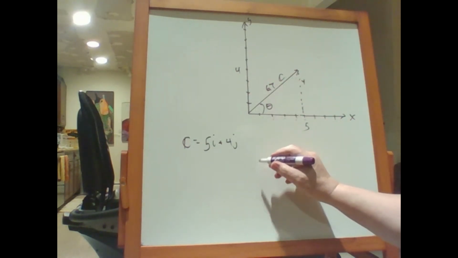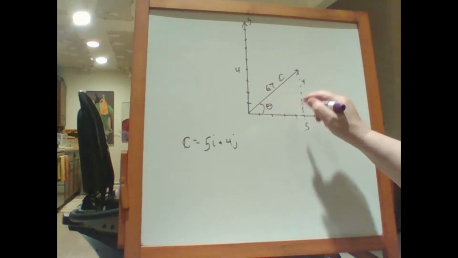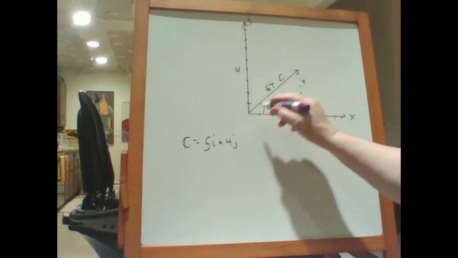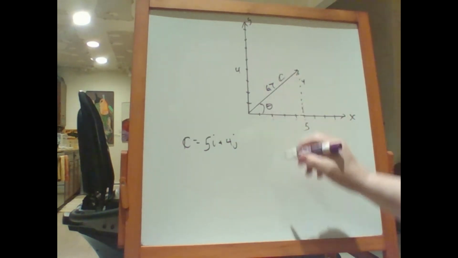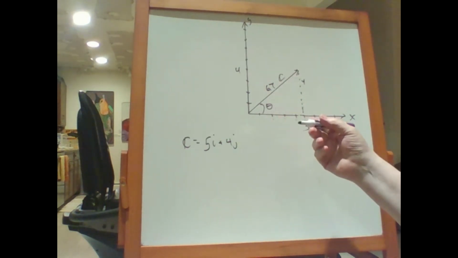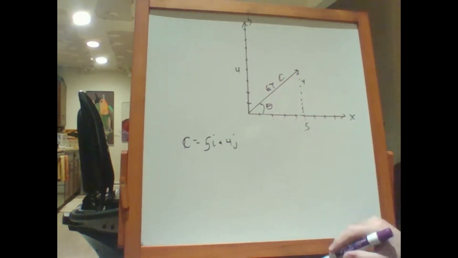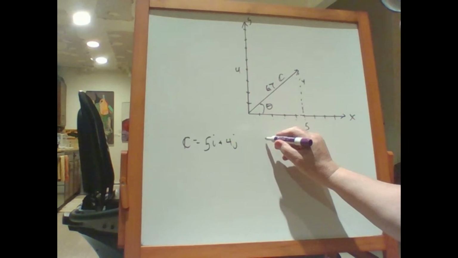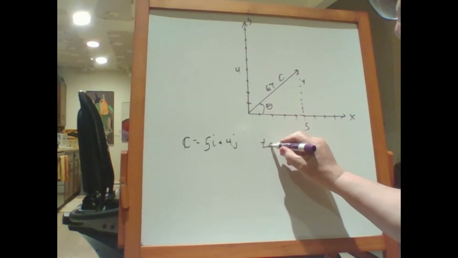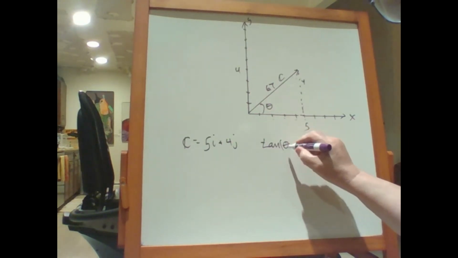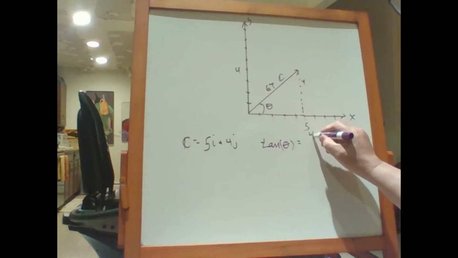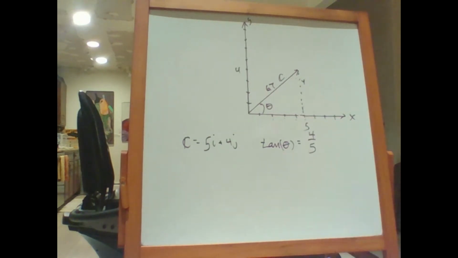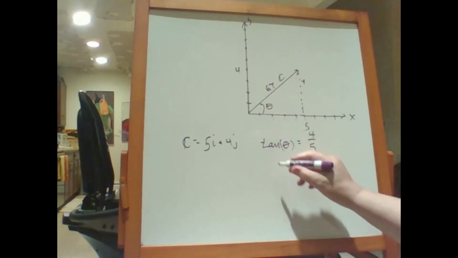With trigonometry, relative to this x and y coordinate system, it makes an angle with respect to x, and that would be tangent theta is equal to 4 over 5 in this particular case.